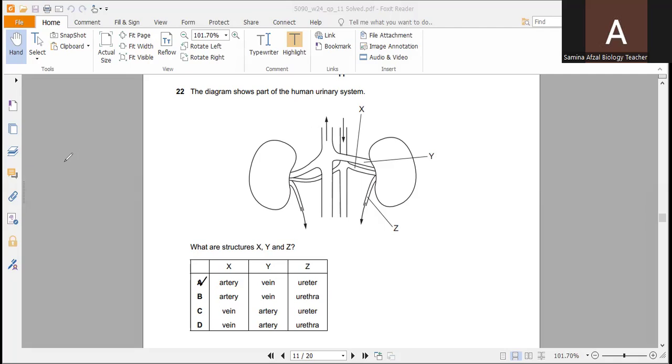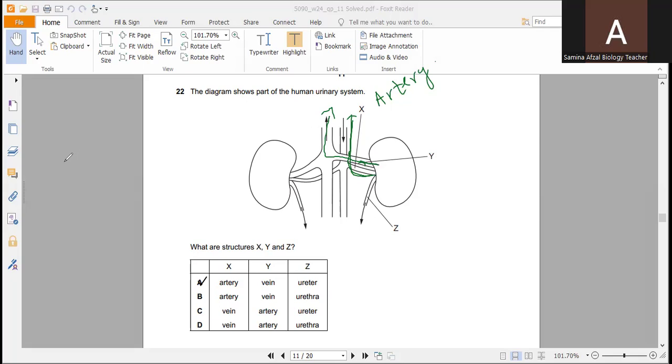You can see the arrow signs through which the blood is entering into the kidney. It means this is the artery which is taking the blood into the kidney, which is oxygenated blood. And the other arrow sign is in this direction, it means it is moving away from the kidney.